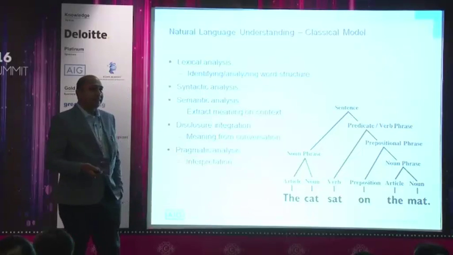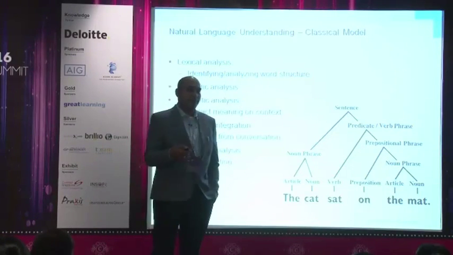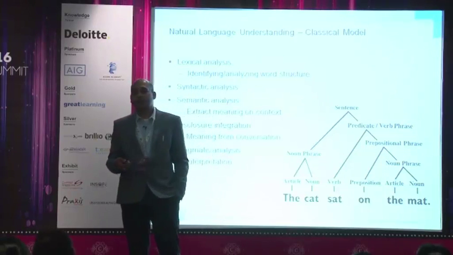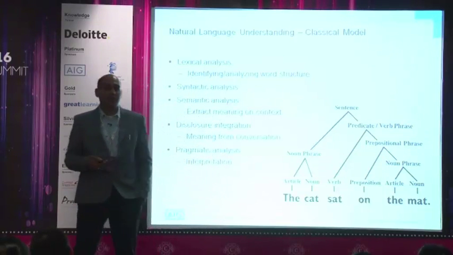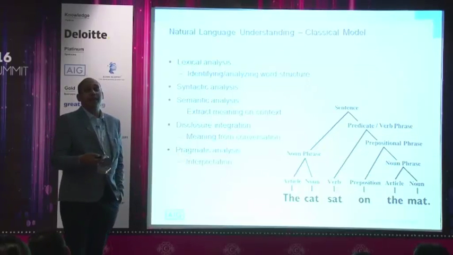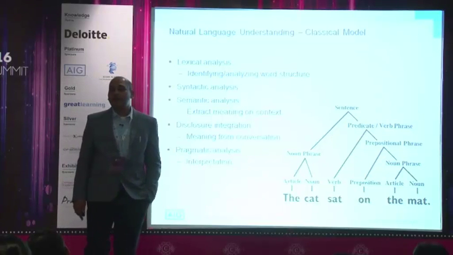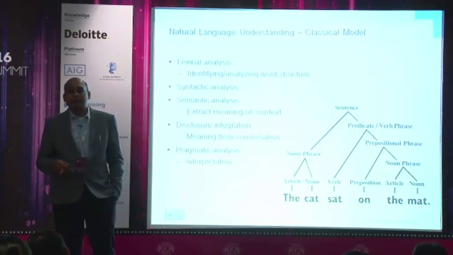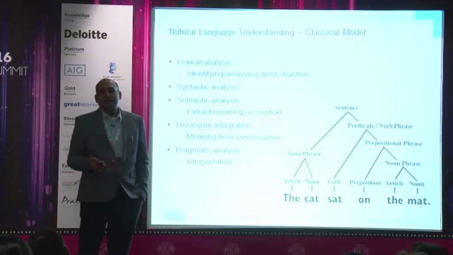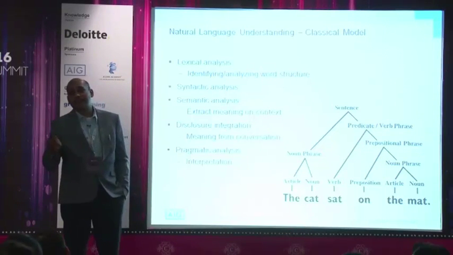Pragmatic analysis has been a real stumbling block for researchers because now you have to identify interpretation. And how do you identify interpretation when you have maybe sarcasm in place?